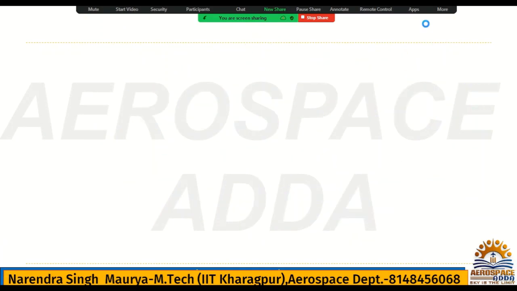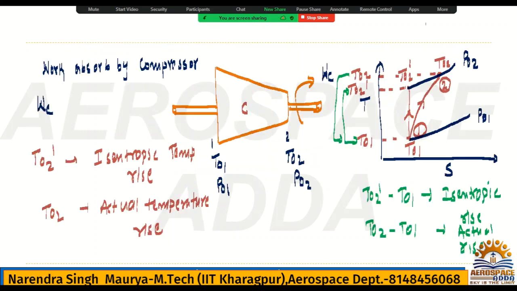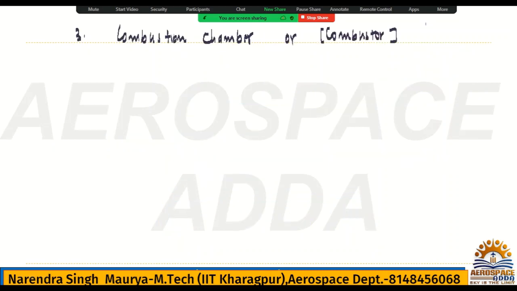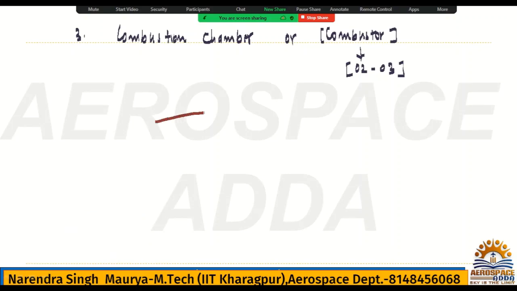Here I have drawn the combustion chamber between 2 and 3, so you can say the numbering will be 2 to 3. That means the combustor is between points 2 and 3. Even though combustion chamber pressure is almost constant, not exactly constant, we can take it as almost constant. This is the combustion chamber.